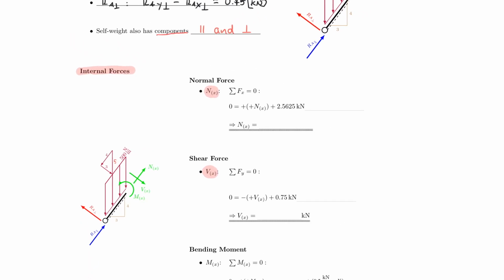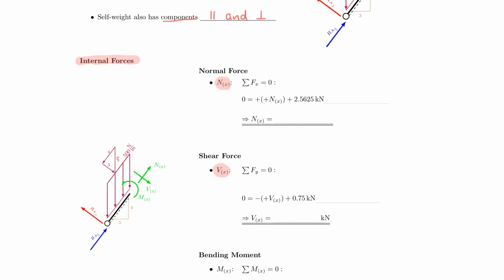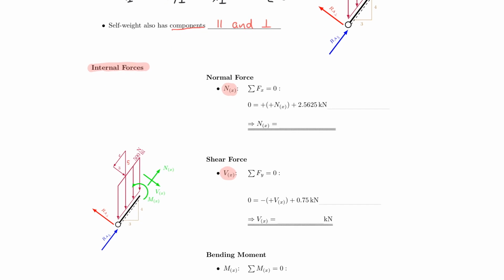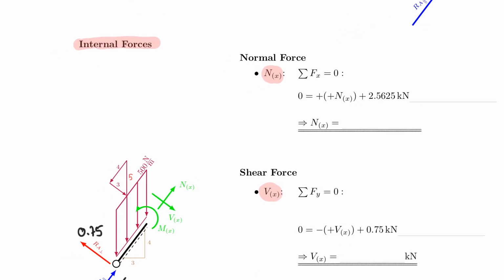Before I do that, I think it's smart to use my numerical values here and add them. So RA parallel is 2.2625 and RA perpendicular is 0.75. So let's look at our normal force.